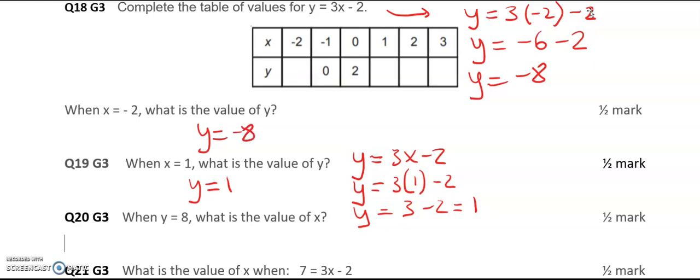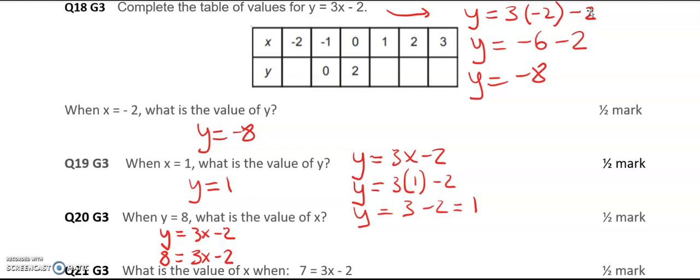When y is equal to 8, what's the value of x? So y is equal to 3x minus 2. So y is 8 now. We need to find the value of x. So 8 is equal to 3x minus 2. So we need to get rid of minus 2.